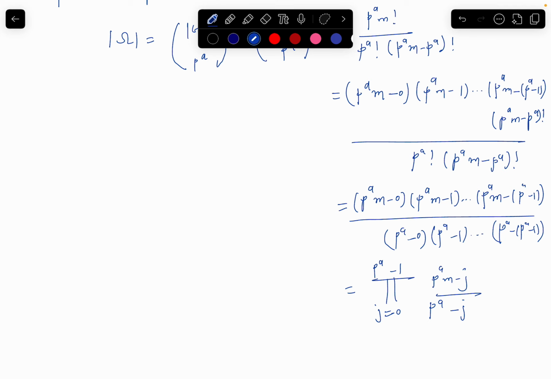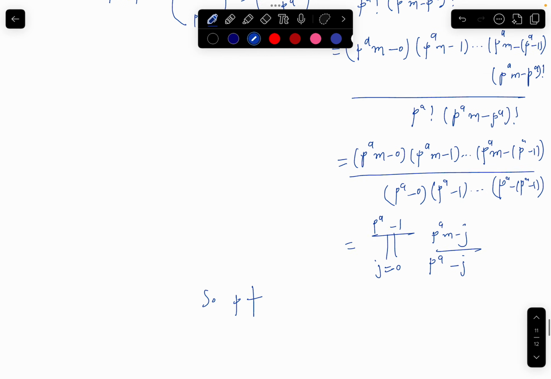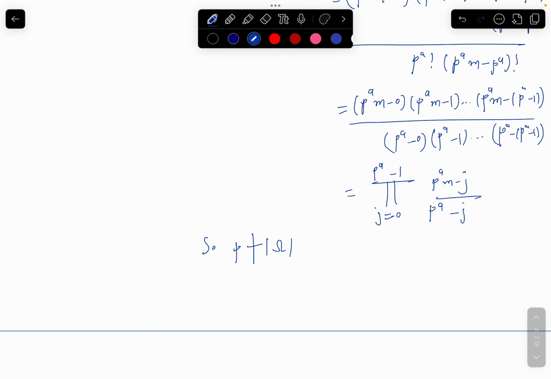So this fraction is not divisible by p. In fact, this extends to the product of fractions. That's the reason why p does not divide the size of omega, and that completes the proof of 1.